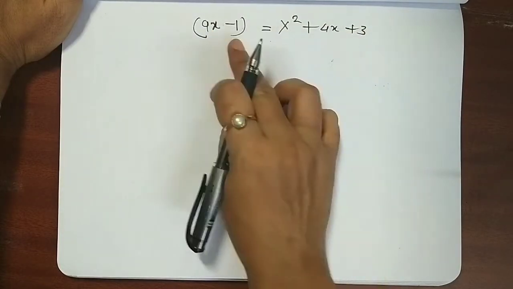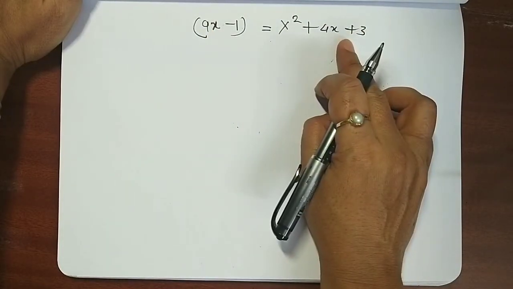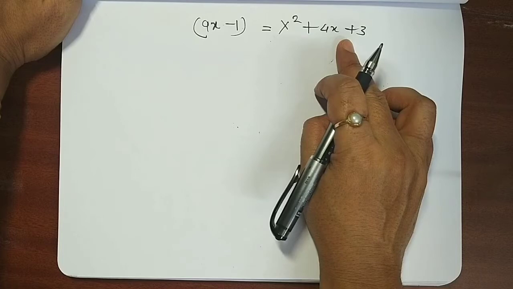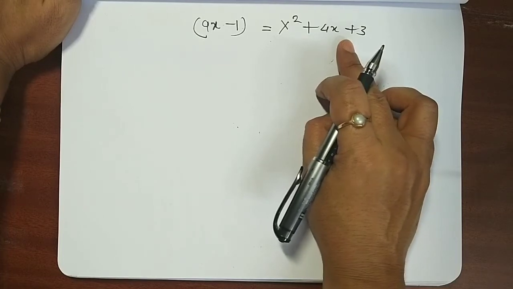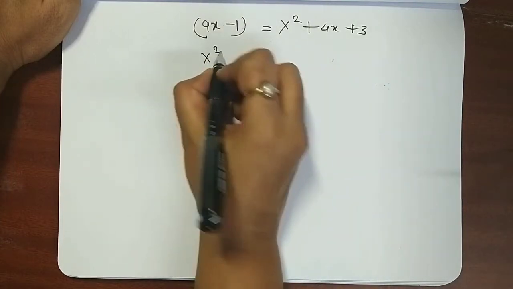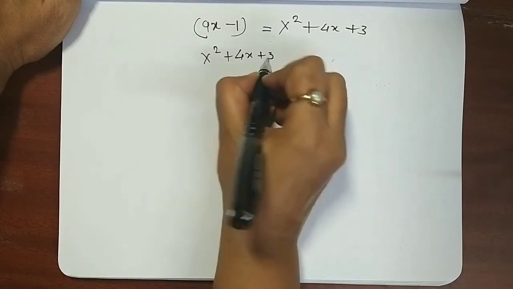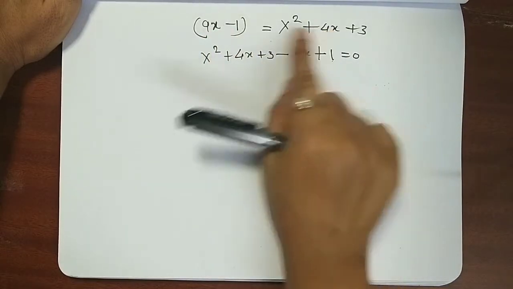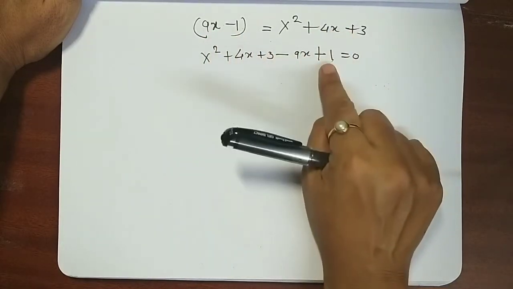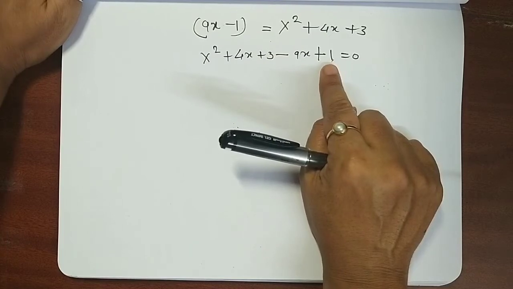Now I will bring everything to one side in order to solve it. So I get x squared + 4x + 3 - 9x + 1 = 0. I took 9x to this side with a minus sign and 1 with a plus sign.